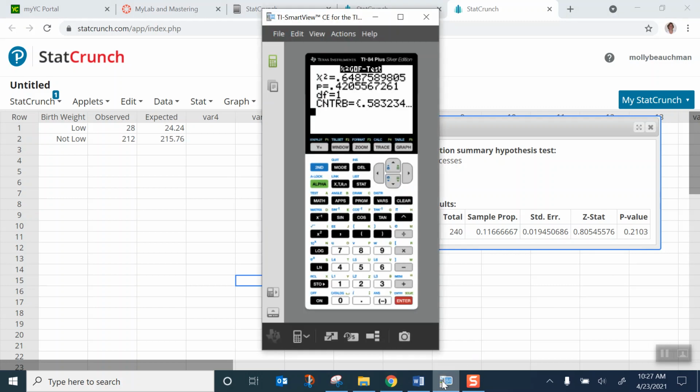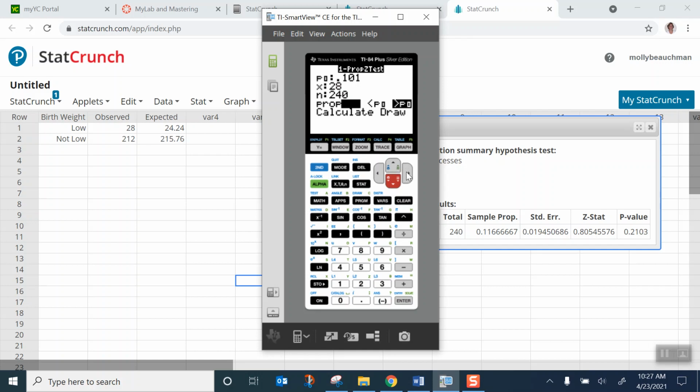You could also run this on the calculator. Use Tests, 1-PropZTest. Type in the same information: the null hypothesis 0.101, 28 out of 240.